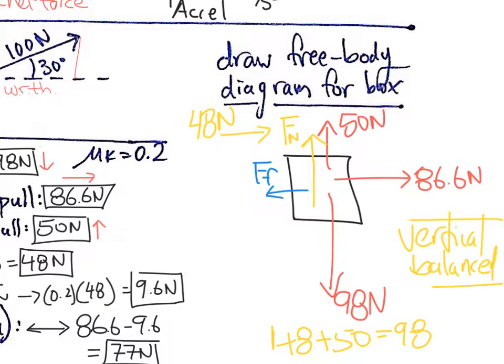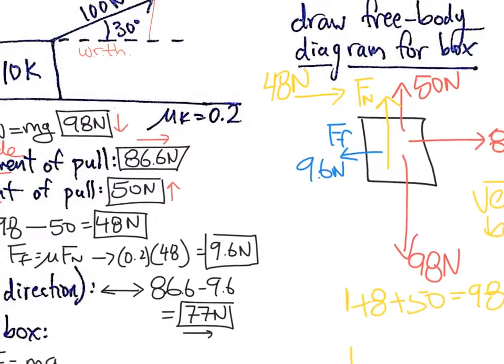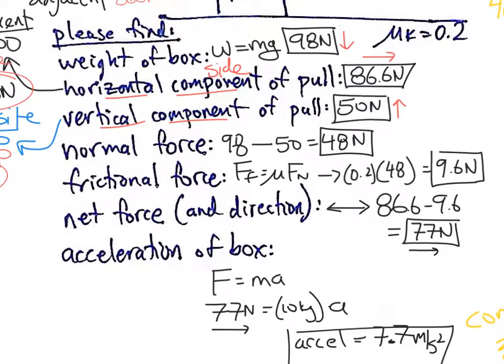We could write that in here. 9.6 newtons of friction. So that's pretty small relative to the other forces acting on the box. And we need some arrows to indicate direction. So frictional force is backwards, and the normal force was upwards. All right.